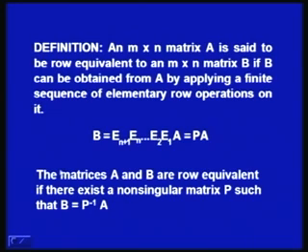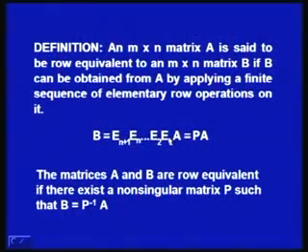Or you say the matrices A and B are row equivalent if there exists a non-singular matrix P such that B is equal to P inverse A. Since all E1, E2, En are identity matrices on which we have applied row operations, all these are non-singular.